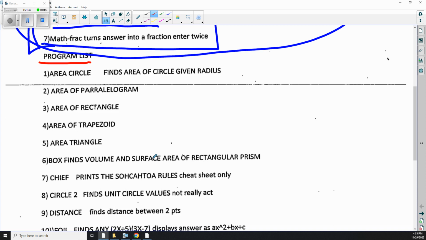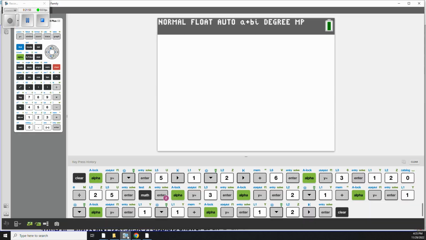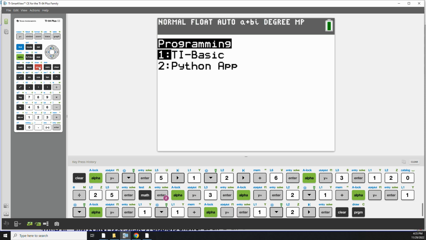Oh, deep breath. Ready? Everybody hit access to the programs. You go what first? Row 3, column 3. Everybody find the button. It says program. You may or may not have this. This is on the new skinny ones.